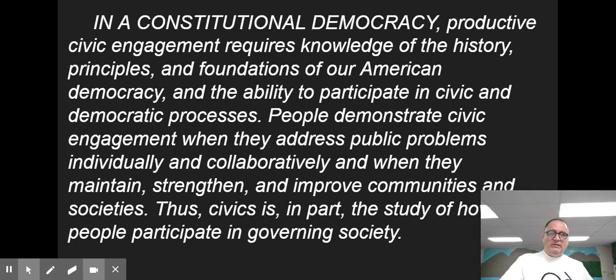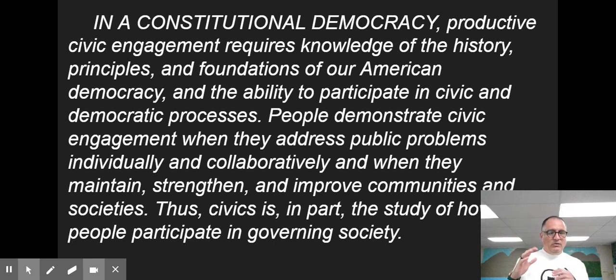People demonstrate civic engagement when they address public problems individually and collaboratively, and when they maintain, strengthen, and improve communities and societies. Thus, civics is in part the study of how people participate in governing society.